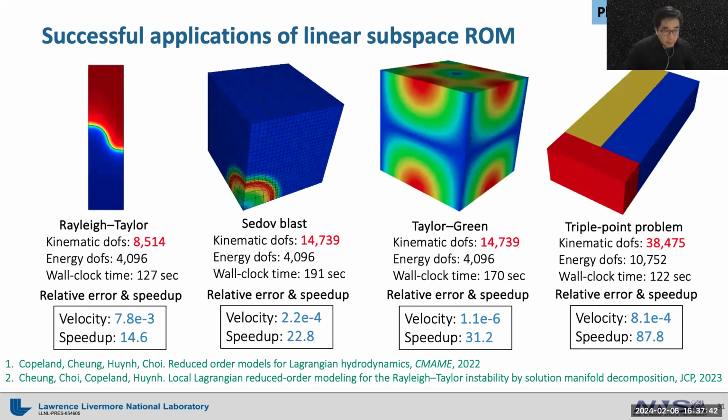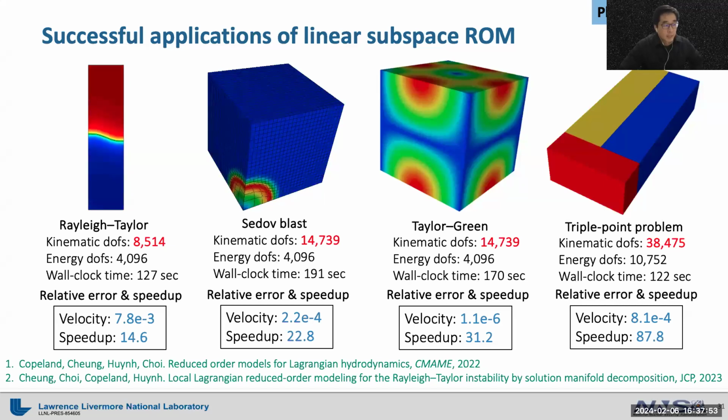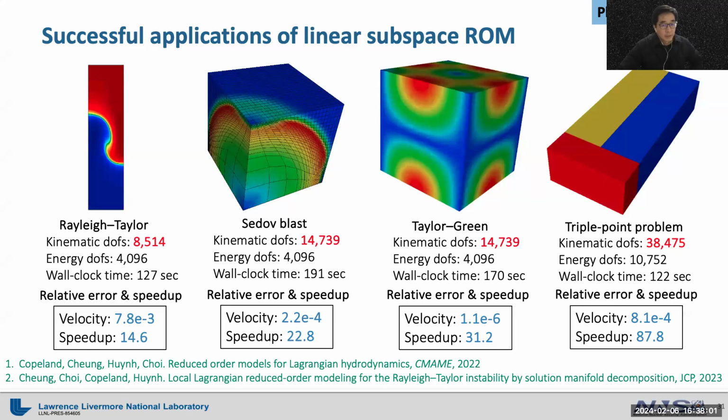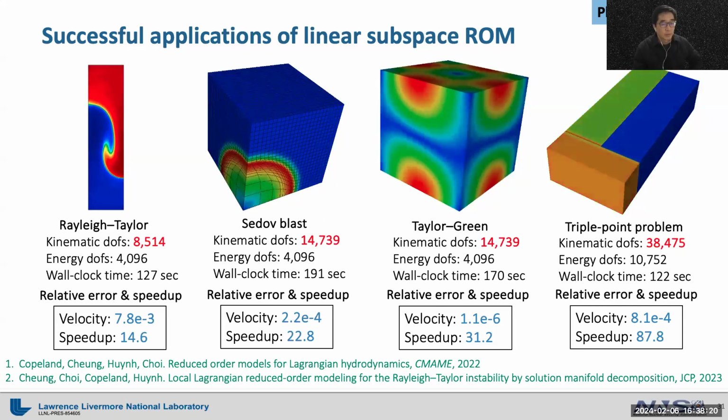So if you apply this projection-based reduced model, one of the important algorithms we deal with at Lawrence Livermore National Lab is Lagrangian hydrodynamics. When you apply this projection-based reduced model to different types of Lagrangian hydrodynamics problems, like the Rayleigh-Taylor instability, Sedov blast, Taylor-Green and triple point problem, of course, you get very tunable accuracy by changing the basis, and that makes sure, for example, conservation of momentum is preserved.